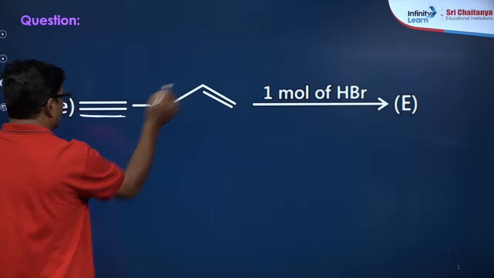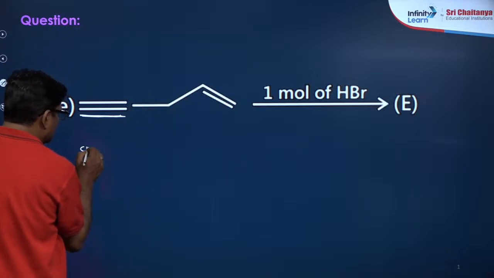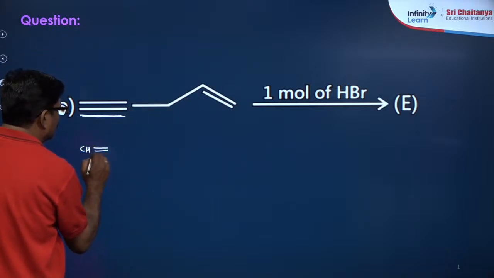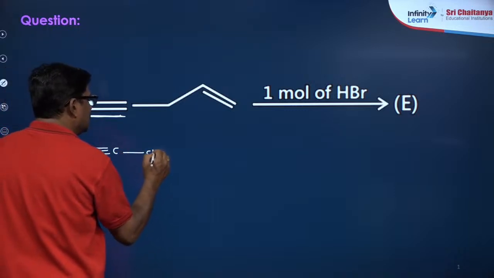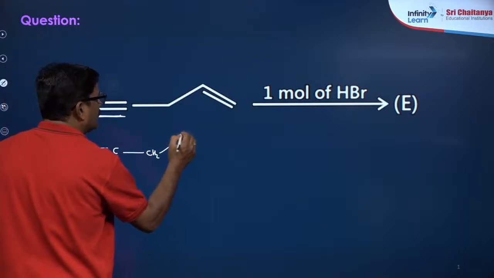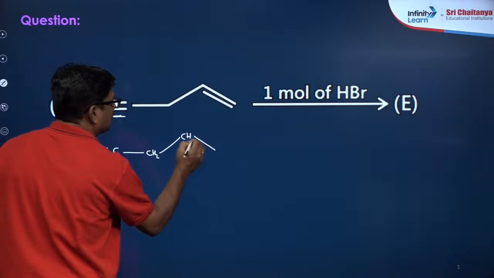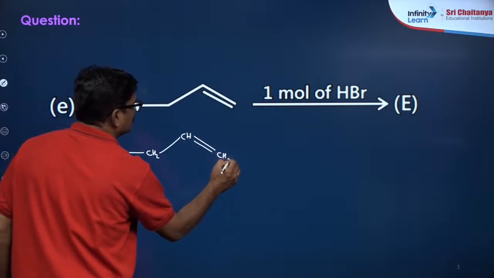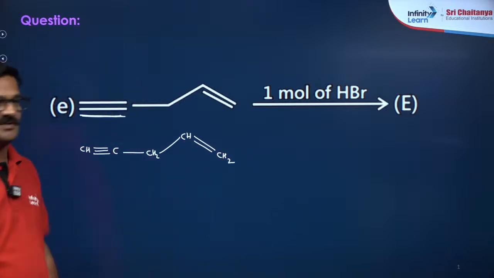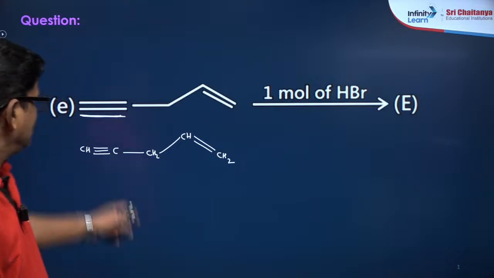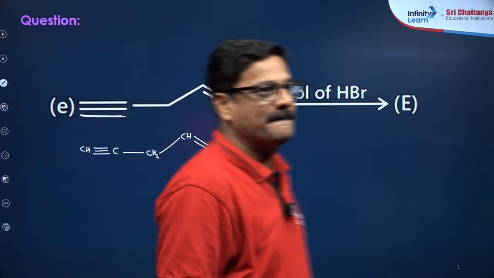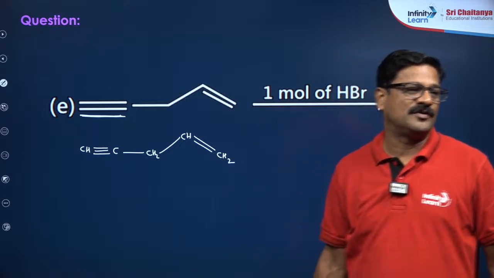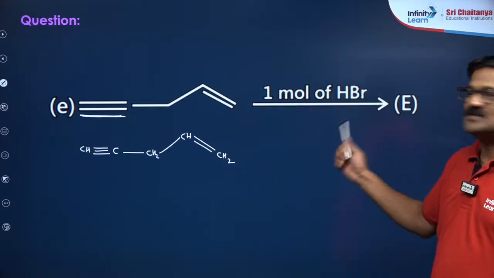This compound I just want to give you as CH triple bond C, and CH2, okay, CH double bond CH2. This is the structure, right? In this structure, if 1 mole of HBr is reacted, Faraz, where are you? I can't see you. I want to see what your answer is.